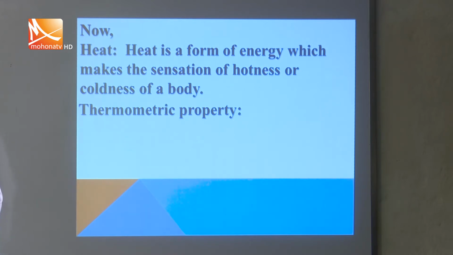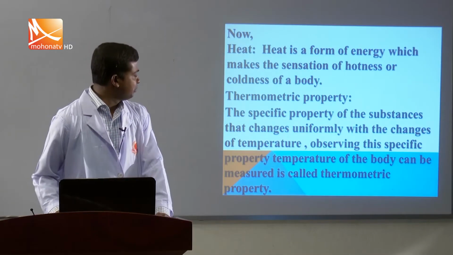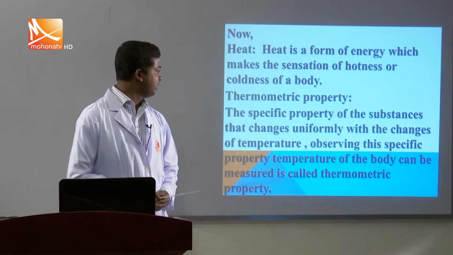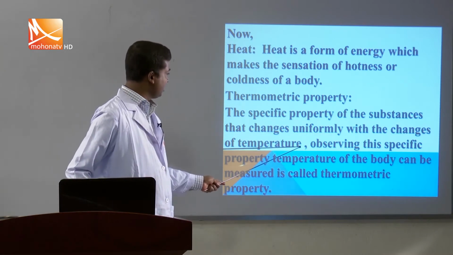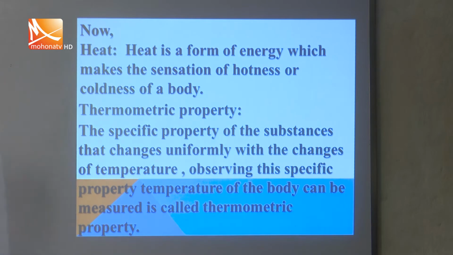So thermometric property is a special type of property of the substance which changes uniformly with the change of temperature. Observing this specific property, the temperature of the body can be measured.